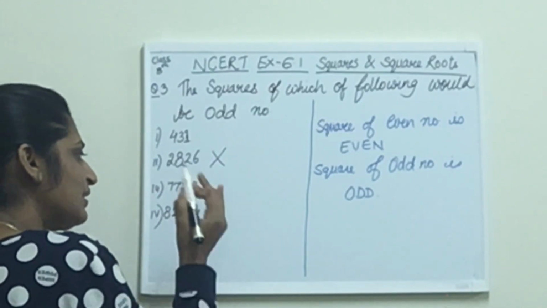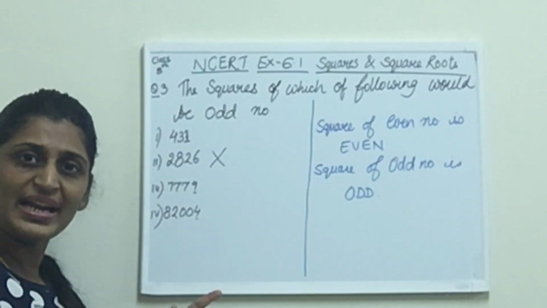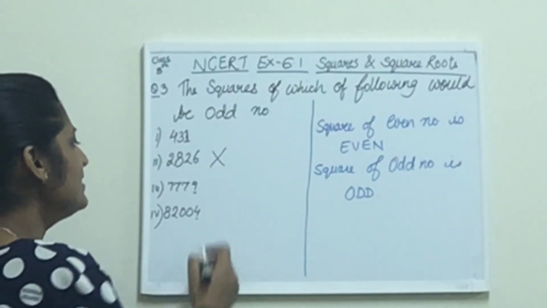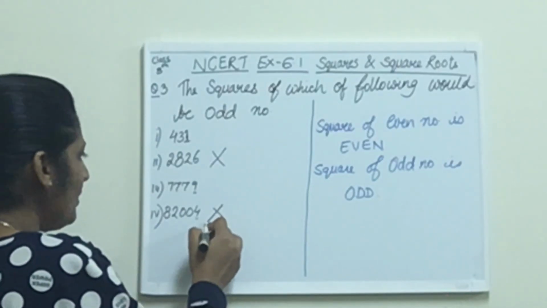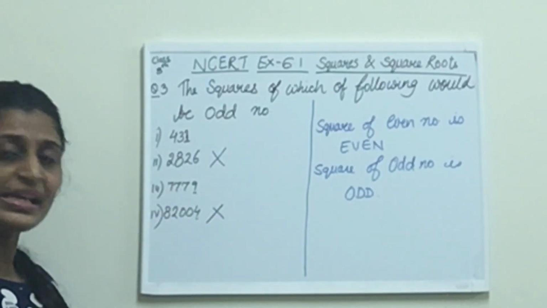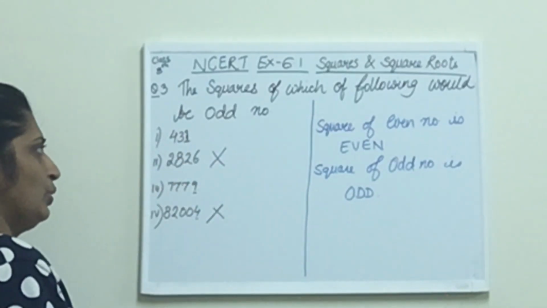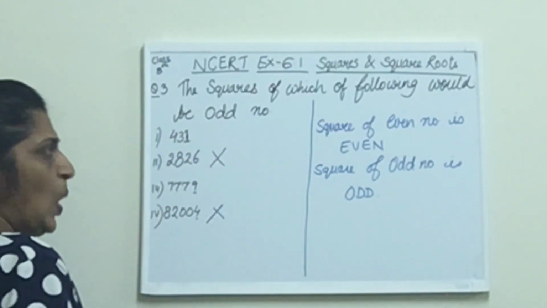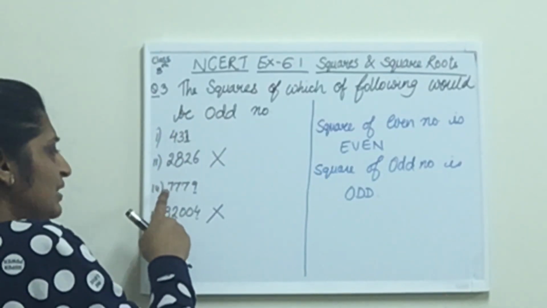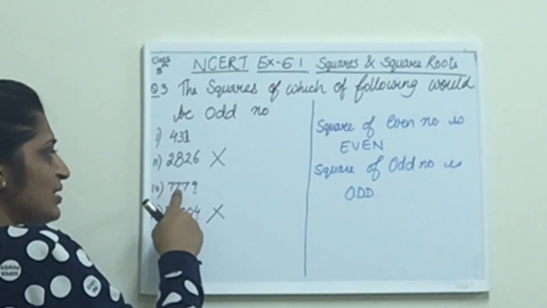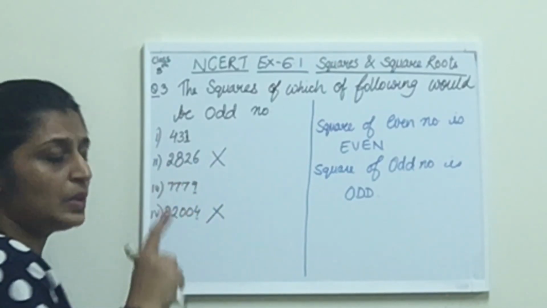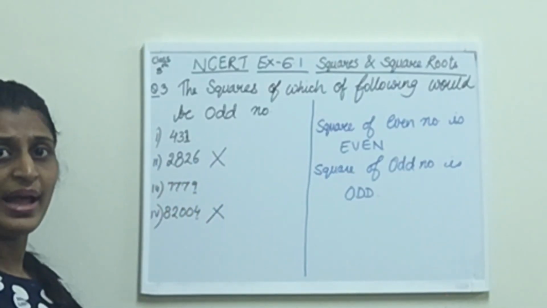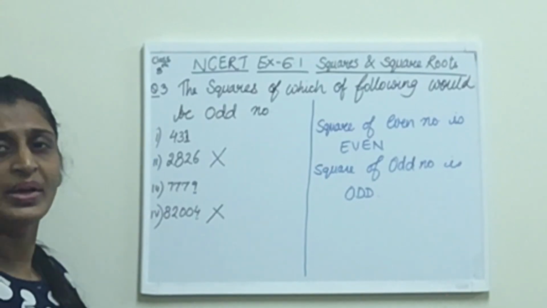We can see that this is an even number because it ends with 4, therefore its square will also be even. So among these four, there are two numbers. First is 431, which is odd, and third part, which is 7779, which is also odd. Therefore their squares will be odd numbers.